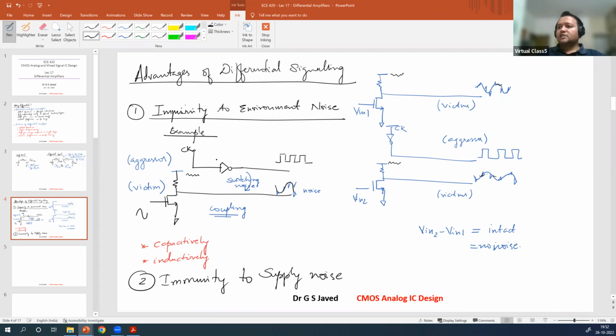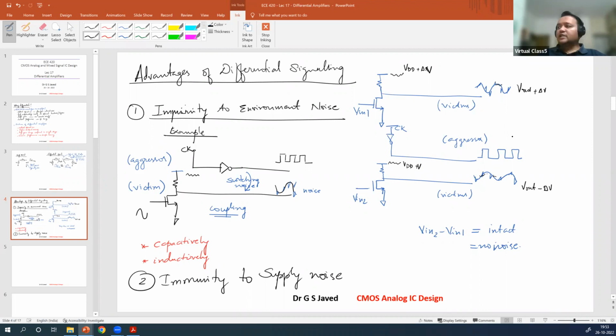For example, if there is a change, you can call it VDD plus delta V, and this would get affected as V out plus delta V. Here, since it is going in the opposite direction, V out minus delta V. So the difference between the two would be V out only.